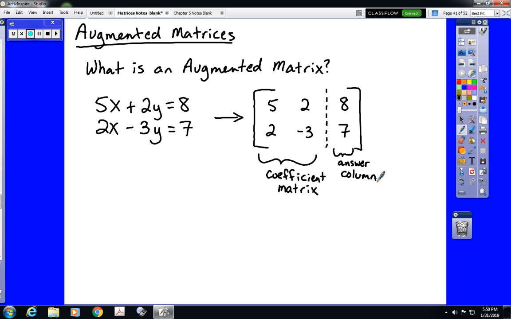This type of matrix can be solved using what is called row modification to find the answers to the system of equations using a certain set of rules.